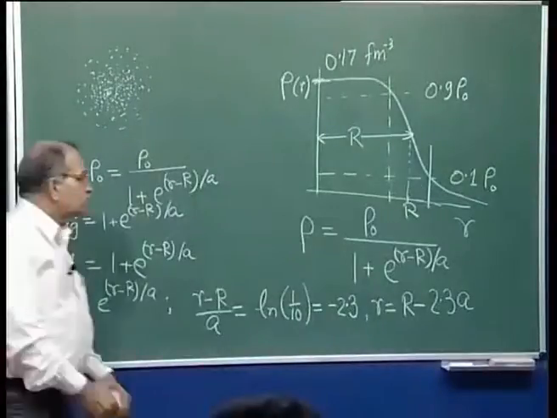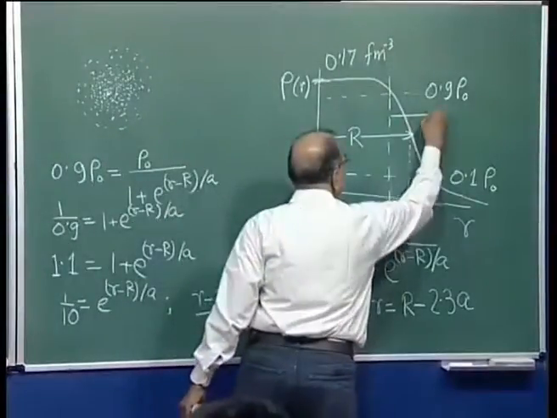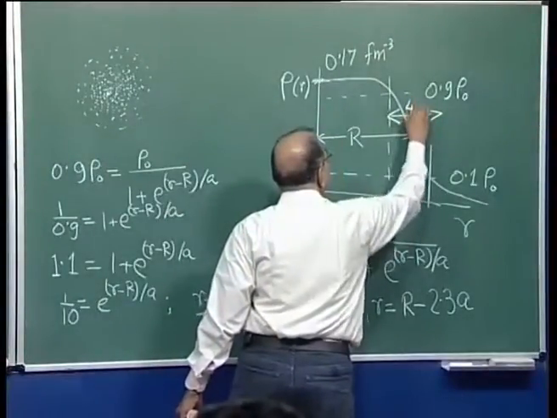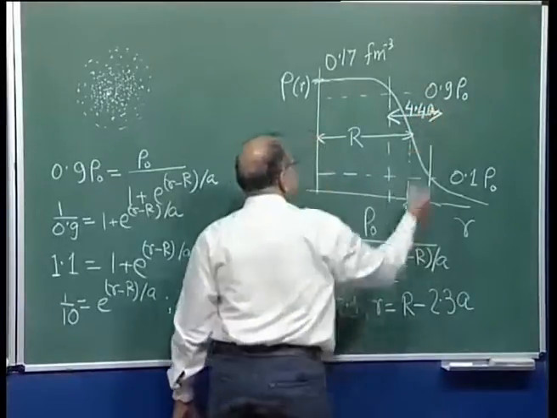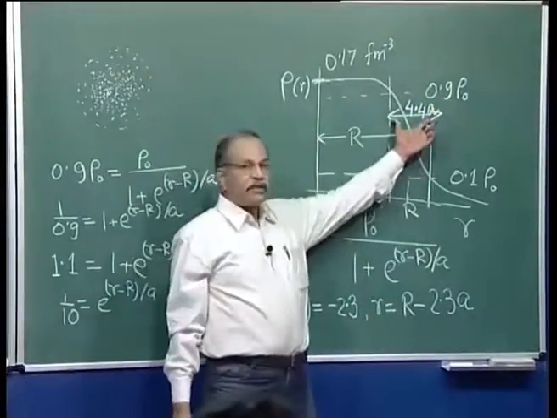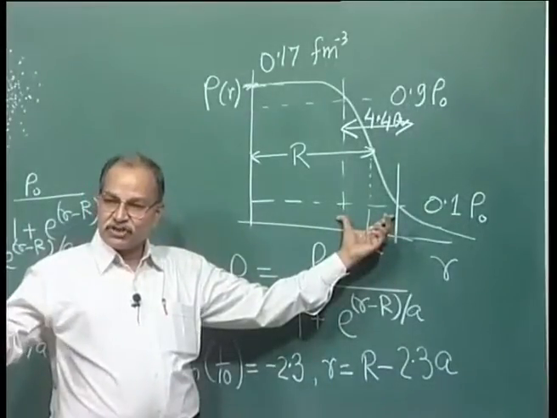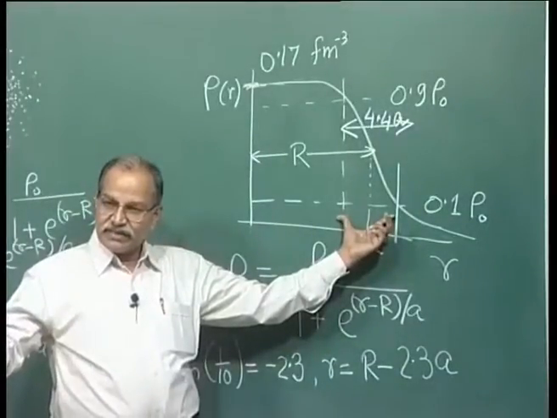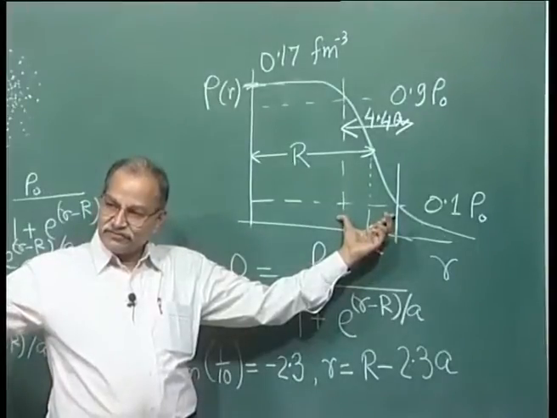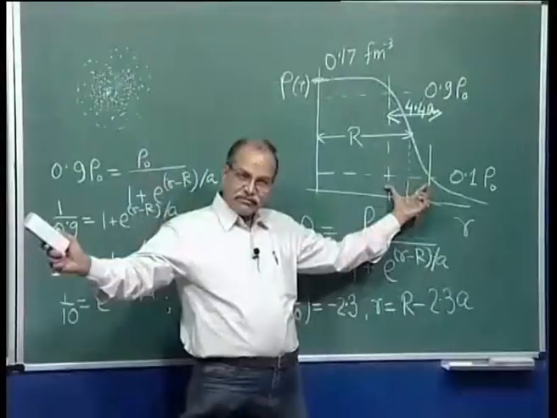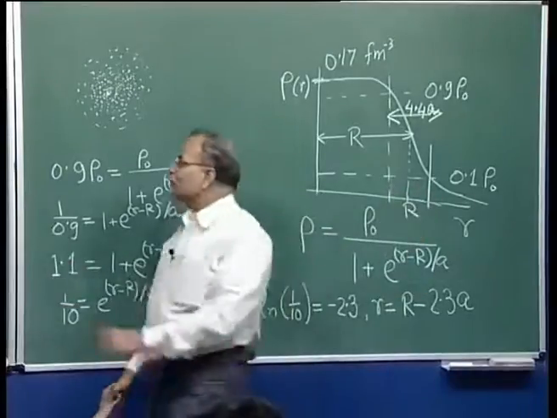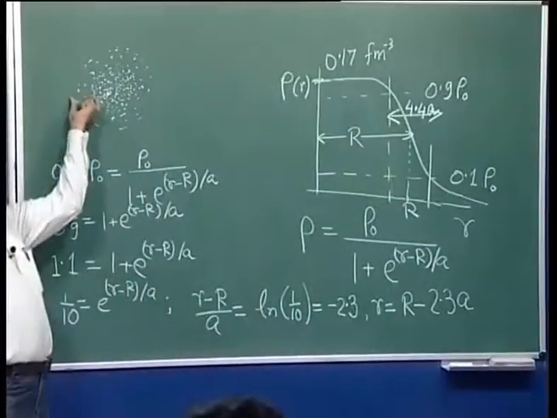So, this separation will be almost 4.4 times A. Which separation? The distance at which it falls to 90% and the distance where it falls to 10%.